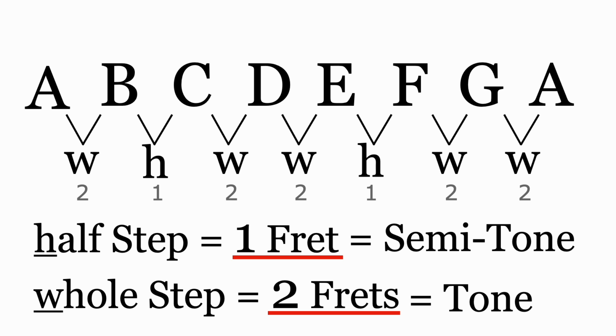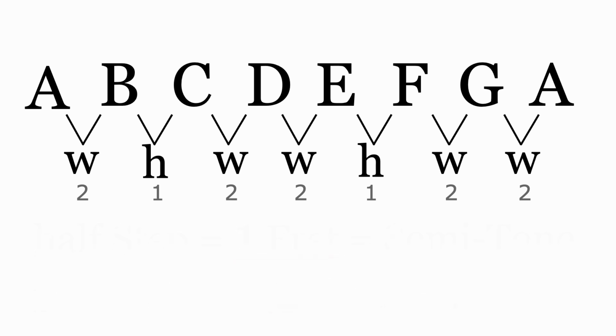So now, the other thing that we need to make certain of really quick is if we add up all the frets that we moved through our scale, right? In this case, 2, 1, 2, 2, 1, 2, 2, right? We add all those up. Well, we do still move up those 12 frets, meaning that with this A minor pattern, we still move up the complete octave.